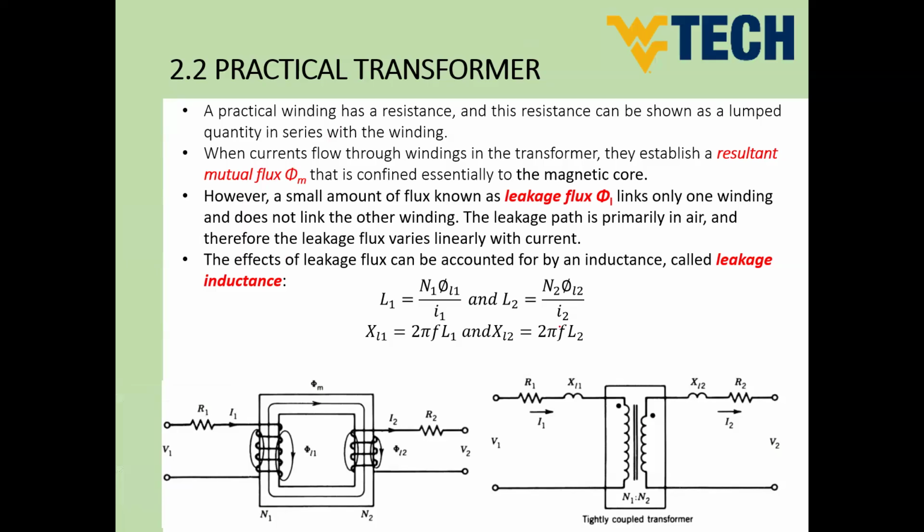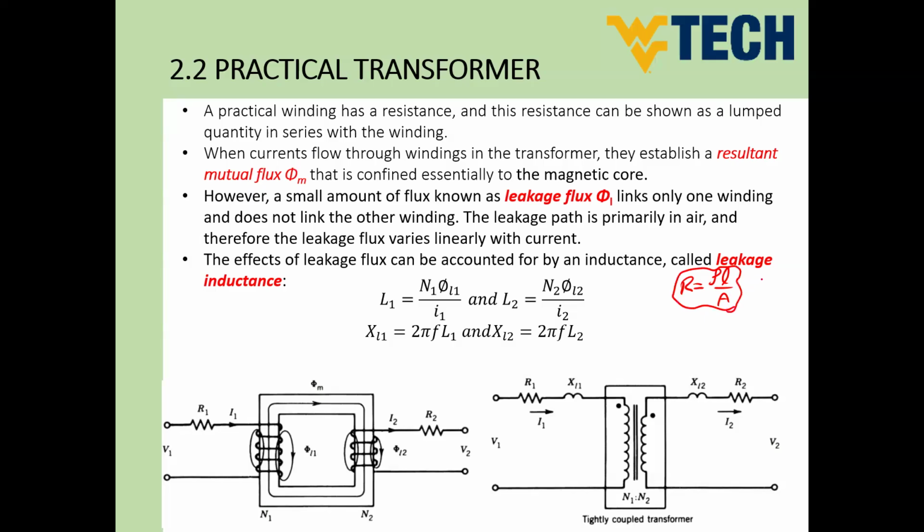I mentioned that for any resistance, R equals rho L divided by A. Rho is the wire resistivity, L is the length of this wire, and A is the cross-section area of this wire. So this is the resistance of any wire.